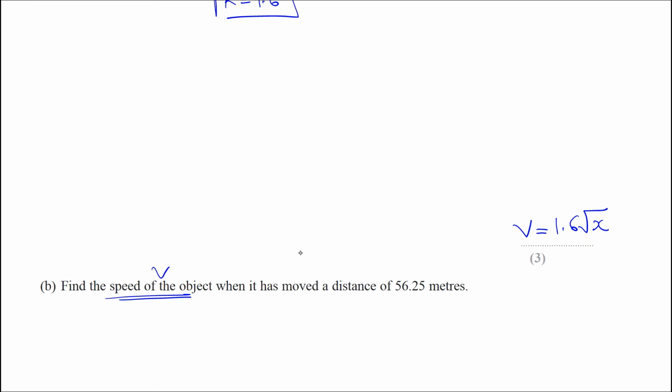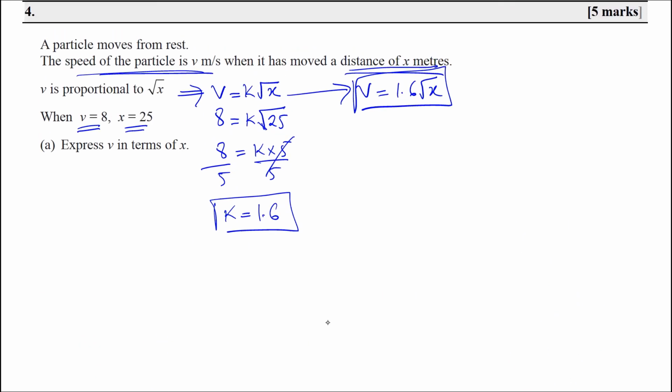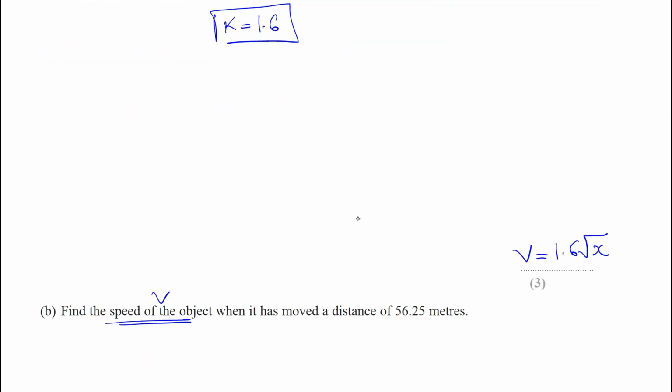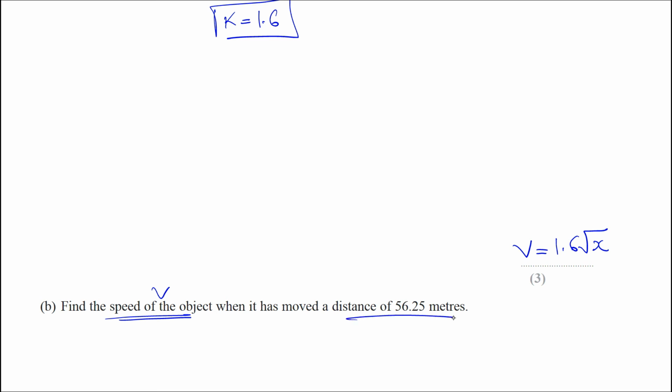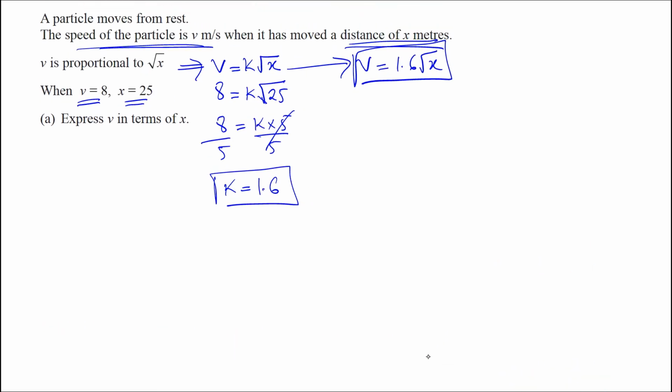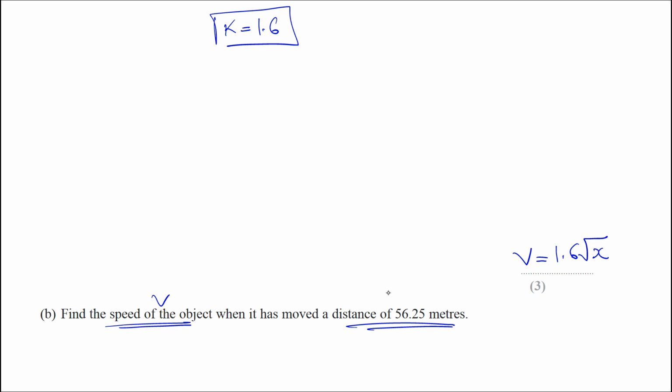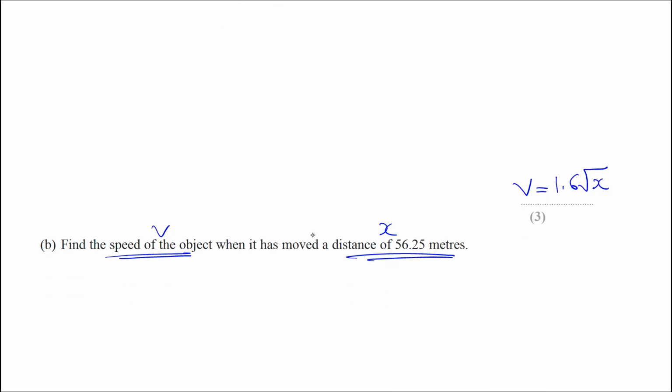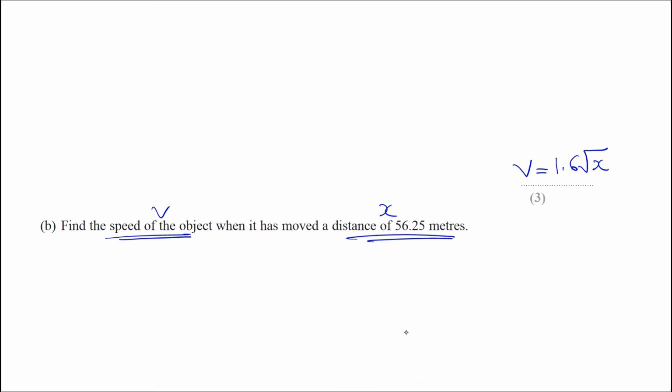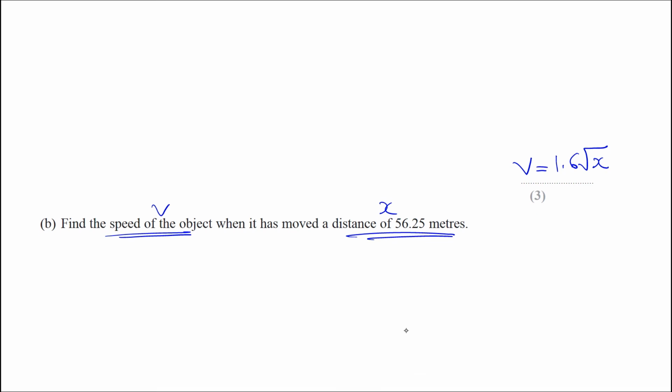The speed of the object is represented by v, and the distance here in the question is represented by x. So basically we are trying to find v when x is 56.25.